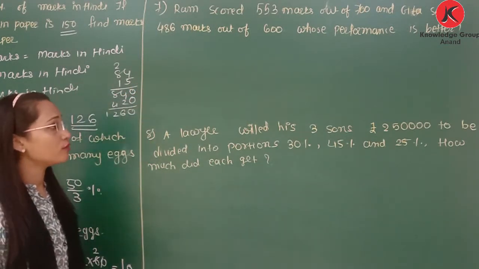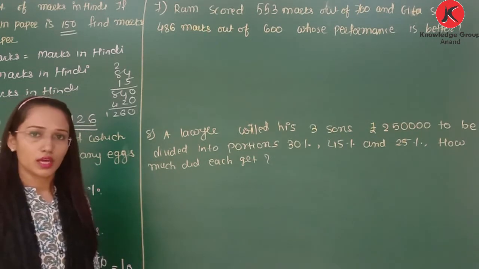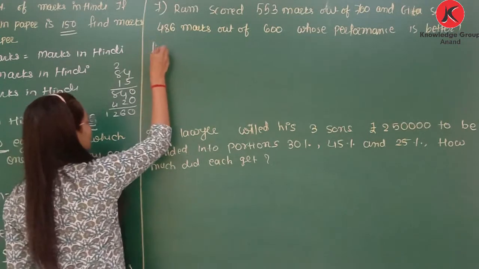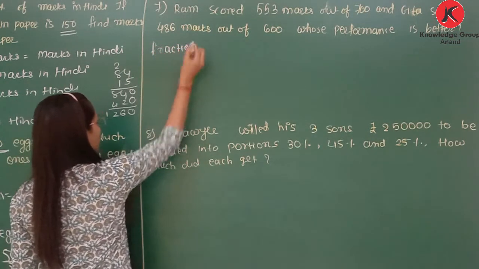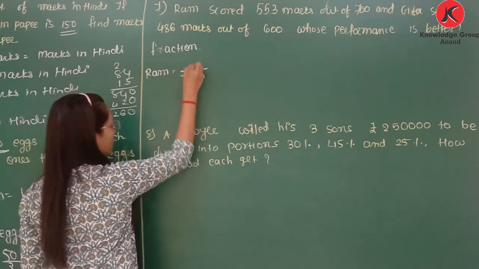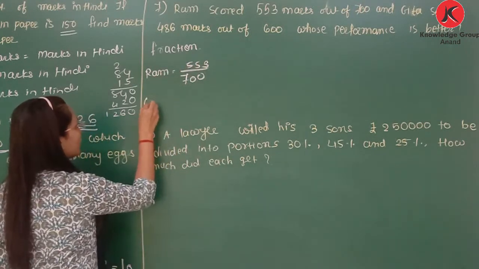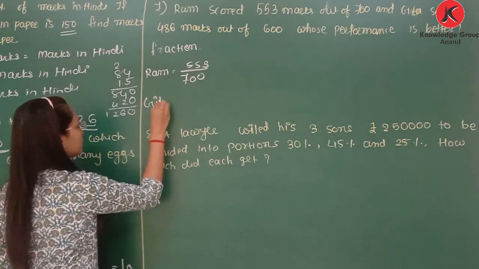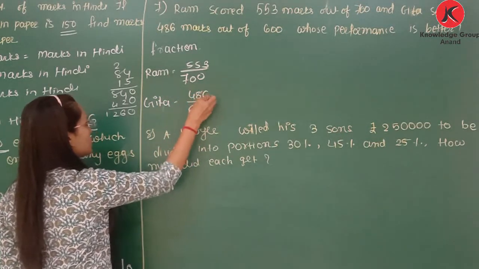For that we need to find the percentage for both Ram and Geeta. So we can find the fraction for Ram, that is from 700 he got 553, and for Geeta from 600 she got 486.